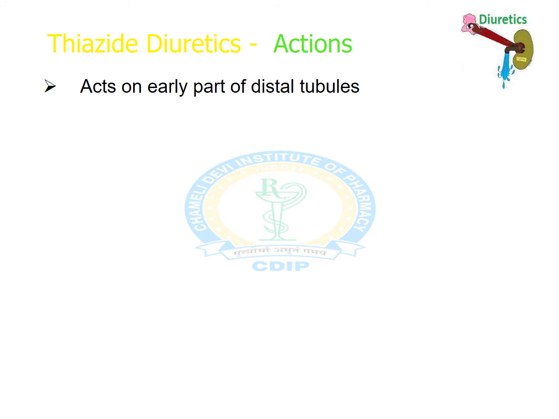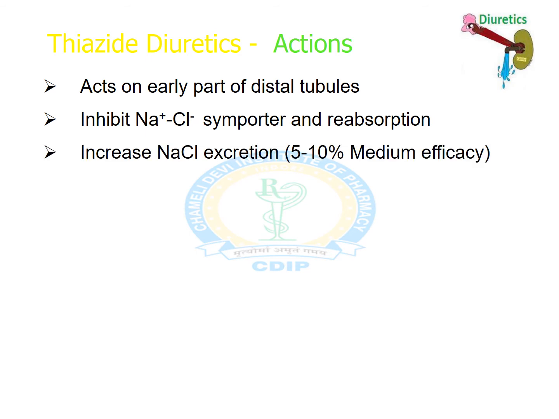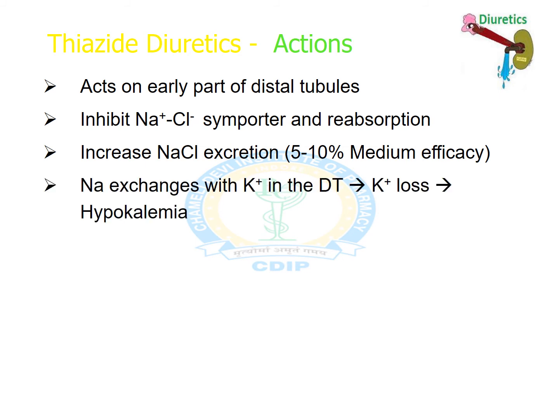Now coming to the actions of thiazide diuretics, they act on the early part of the distal tubule and inhibit the sodium chloride importer and reabsorption of sodium and chloride as well. They increase sodium chloride excretion and have been categorized as medium efficacy diuretics. Sodium exchange with potassium in distal tubules causes the loss of potassium ions, which results in a hypokalemia like condition. So with thiazide diuretics, one side effect is that hypokalemia takes place.